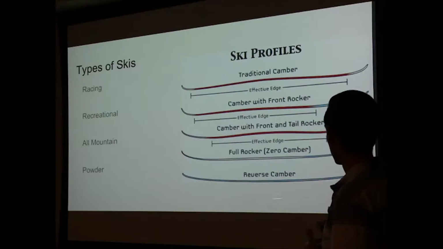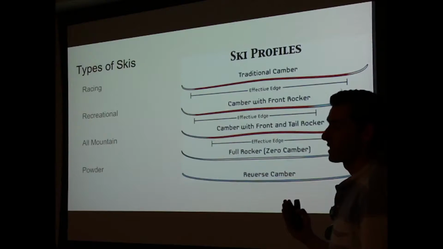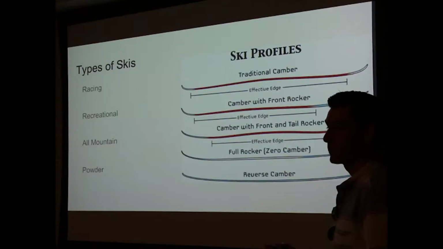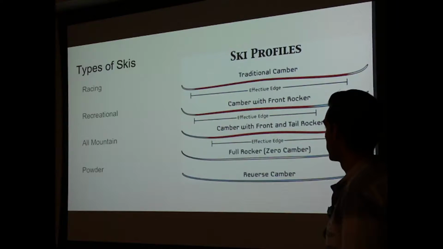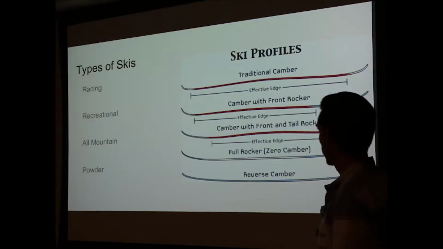And I don't know if I mentioned, rocker is this banana shape down here at the bottom. It's also known as reverse camber, so it's just camber in the opposite direction. Recreational skis are going to be about 75, 77 millimeters underfoot. It's a very generic ski, meant mainly for ease more than anything else.